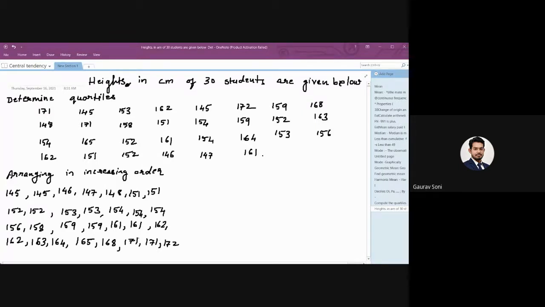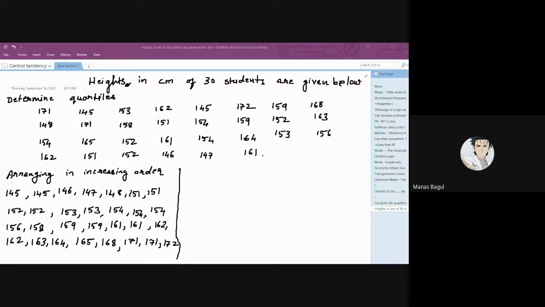Is it correct, or is there something missing? I guess one observation is missing.